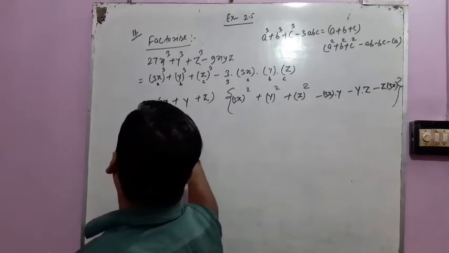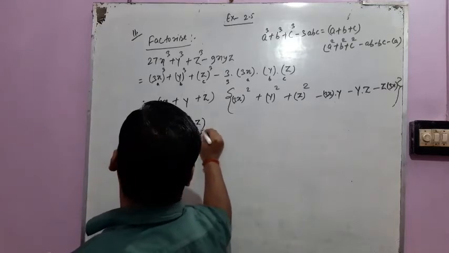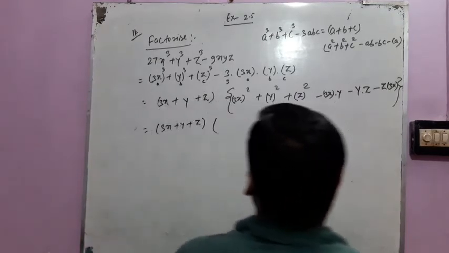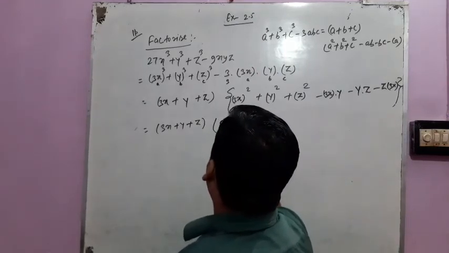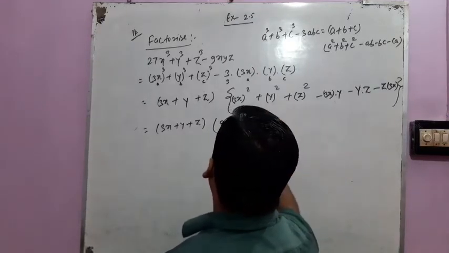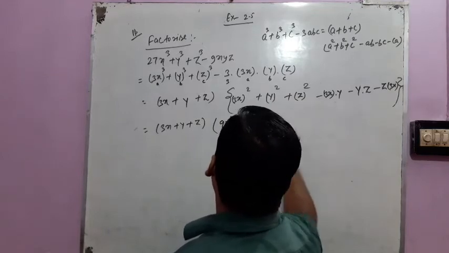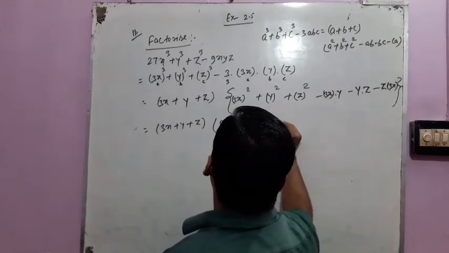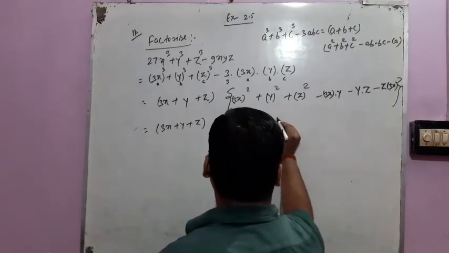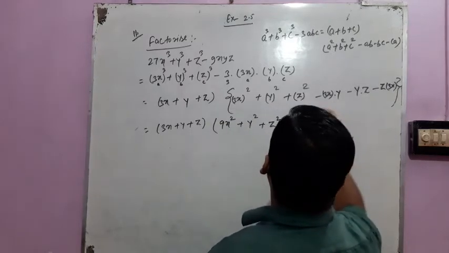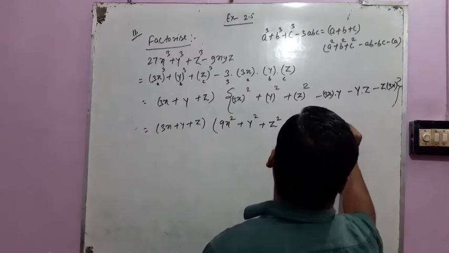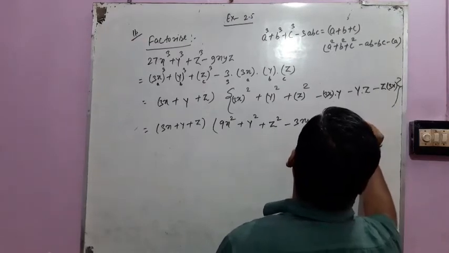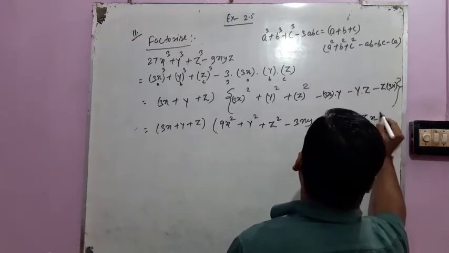3x plus y plus z into... now solve the square of 3x. The square of 3x is 9x square. The square of y is y square, and the square of z is z square, minus 3xy minus yz minus 3zx.